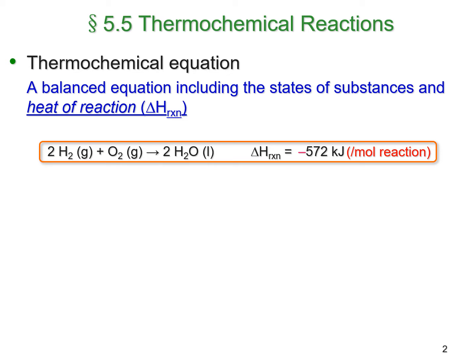But here, I'd like you guys to realize there's some manipulation of the reaction. First, from the previous lecture, we understand if you reverse the reaction, we change the sign of the delta H reaction. What used to be the exothermic reaction now becomes endothermic.